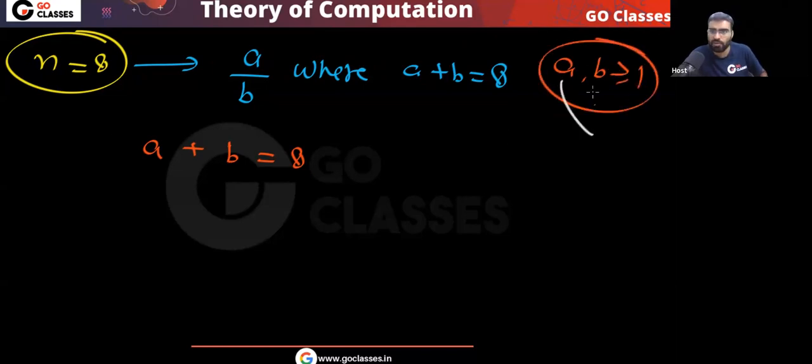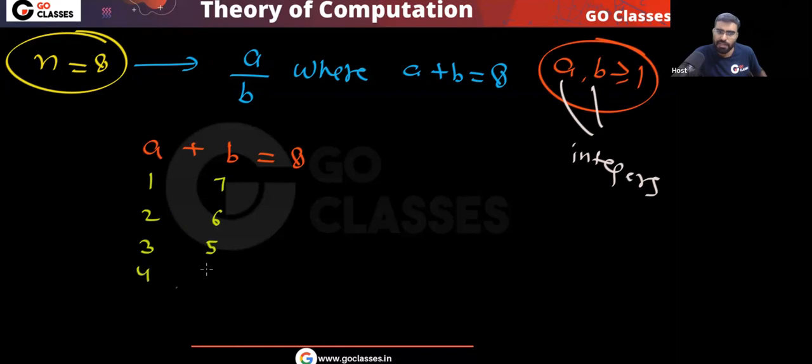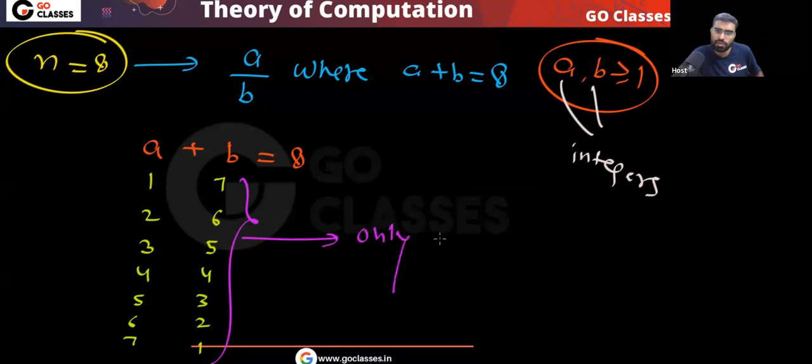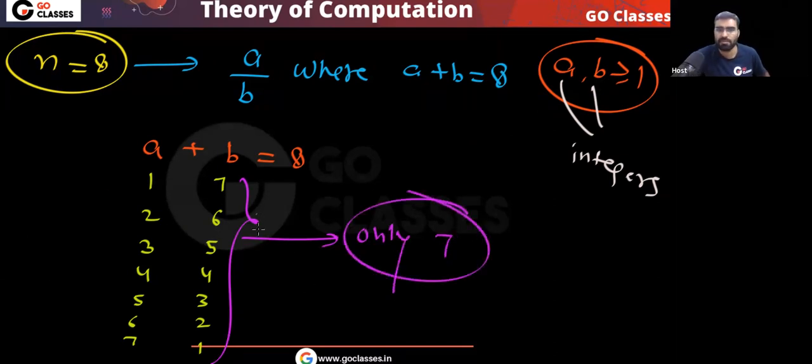If a is 1, b will be 7. If a is 2, b will be 6. If a is 3, b will be 5. If a is 4, b will be 4. If a is 5, b will be 3. If a is 6, b will be 2. If a is 7, b will be 1. So how many did you get? Only 7. Is this clear?